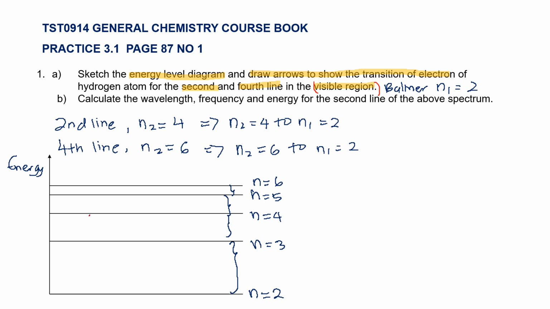Make sure you use a ruler. Label this as second line: the transition of the second line in Balmer series from N equals 4 to N equals 2. For the fourth line, we draw from N equals 6 to N equals 2. This is the transition of the fourth line in Balmer series.